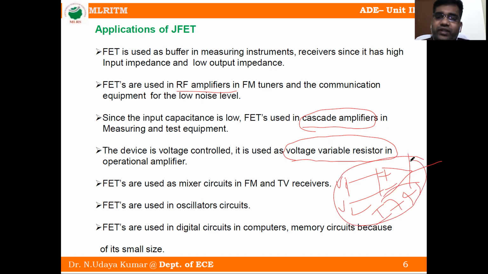We are giving two inputs and we get only one output. IC 741 is the name of the operational amplifier. In the operational amplifier IC, FET is used as a voltage variable resistor.